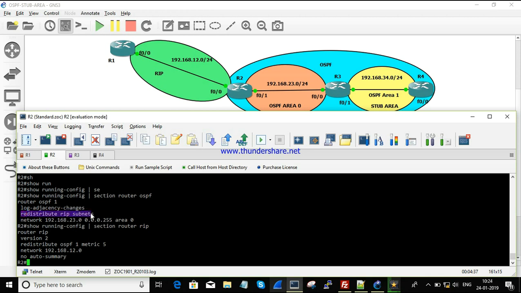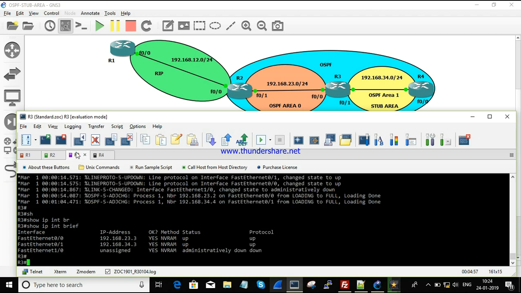If you look over here, redistribute RIP subnets, which means the RIP information is being redistributed into OSPF. Next, the OSPF information is being redistributed into RIP with a metric. So this is about the ASBR router configuration.